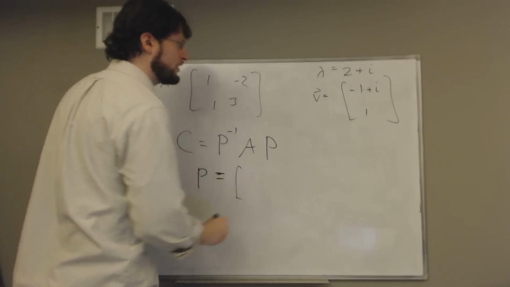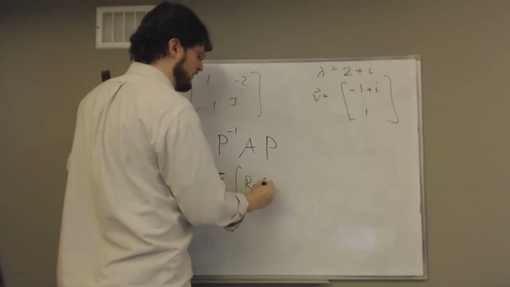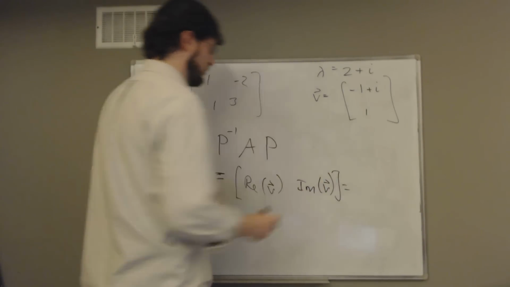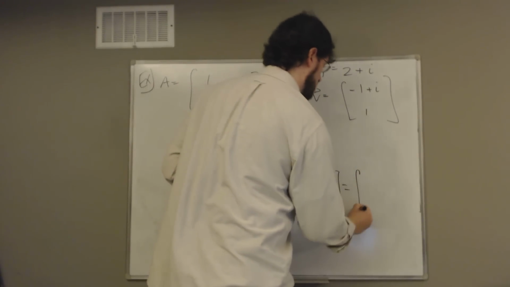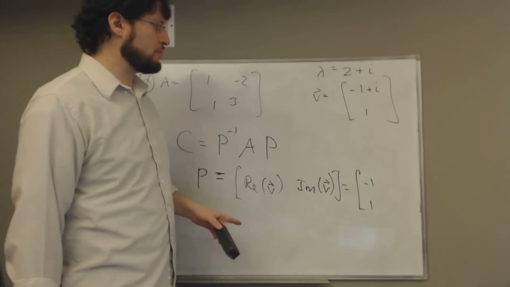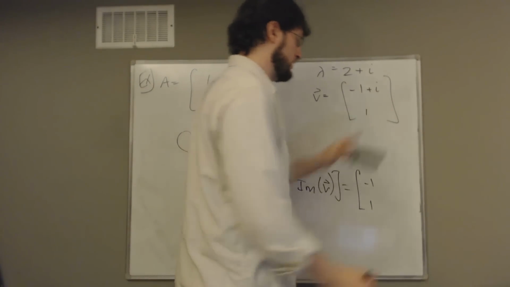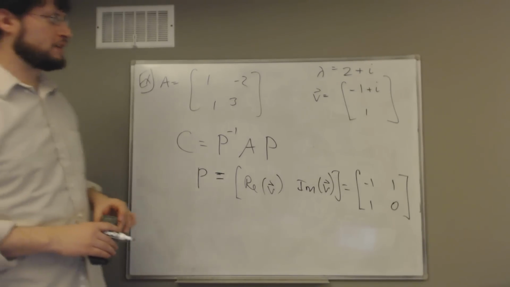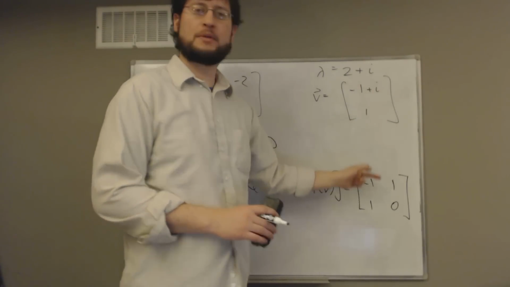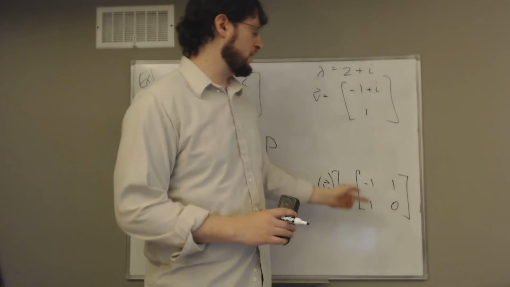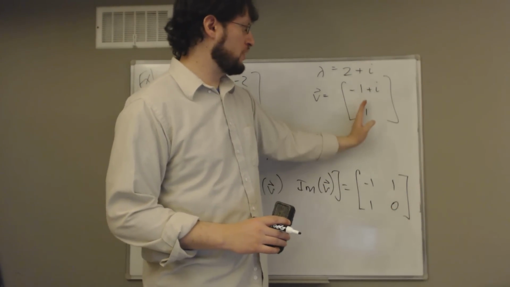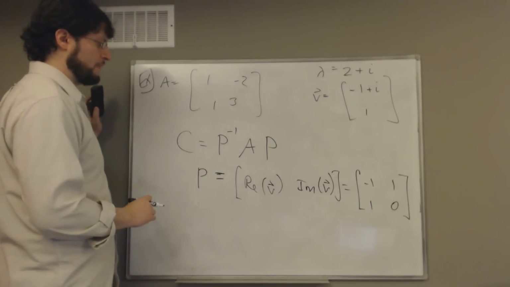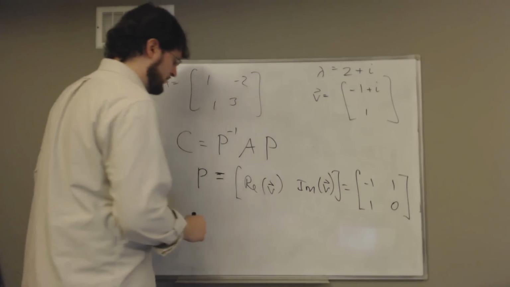P is going to be the real and imaginary part of the vector v. The real part of this vector is minus 1, 1. The imaginary part of this vector is 1, 0. So all that I did was pull this off into 2 pieces. I no longer have any i's, right? I just pull off the real numbers and then the coefficients in front of i, and I use that to make the matrix P. All right, so then let's just work that out.